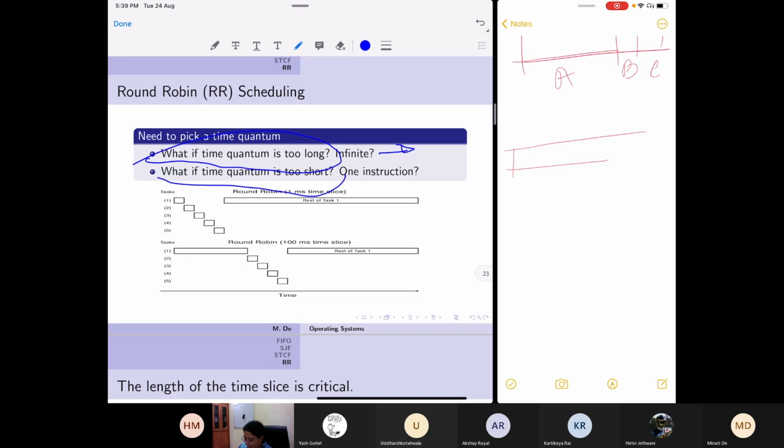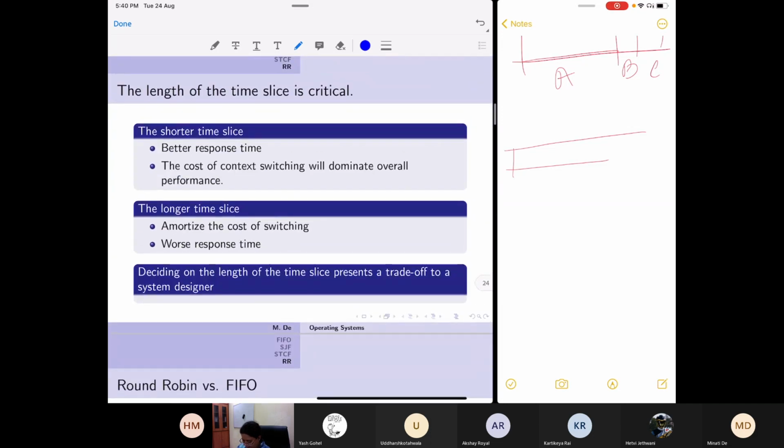And if the time quantum is very short, let's say just one instruction, then basically it's too much overhead. You are wasting your resource, maybe the CPU time is also wasted in that sense. So it's CPU utilization, right? The usage of the CPU is less. Okay.